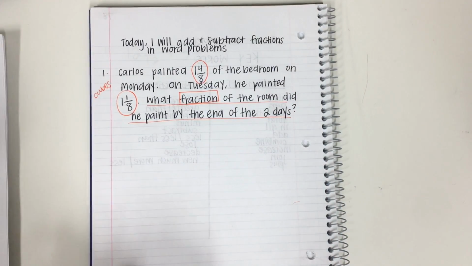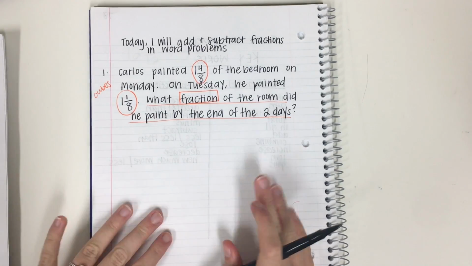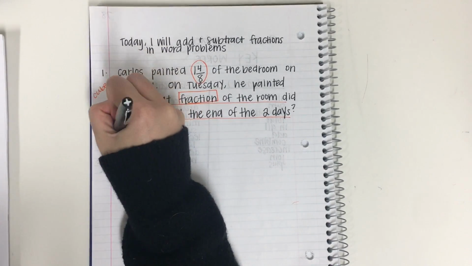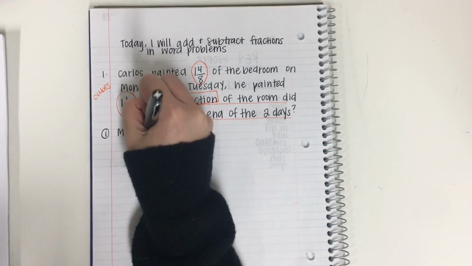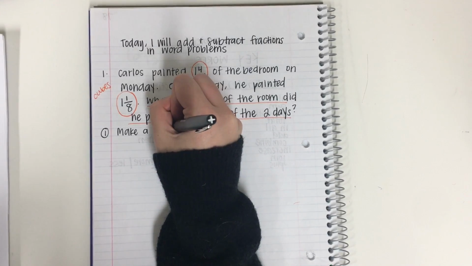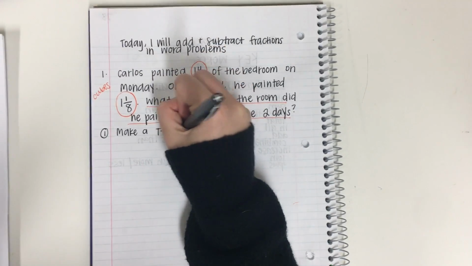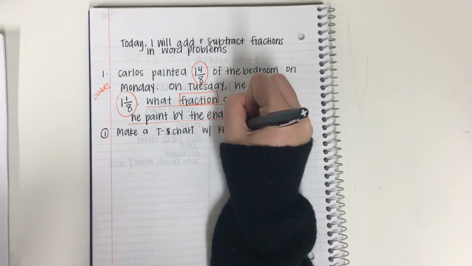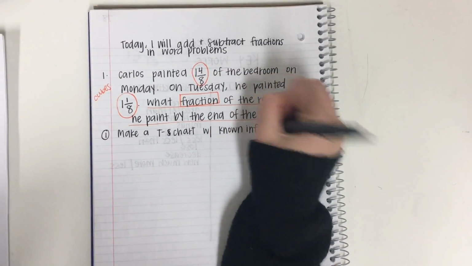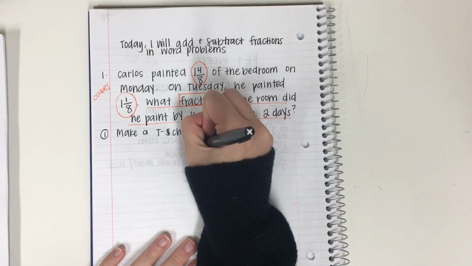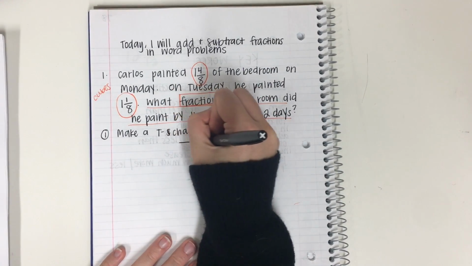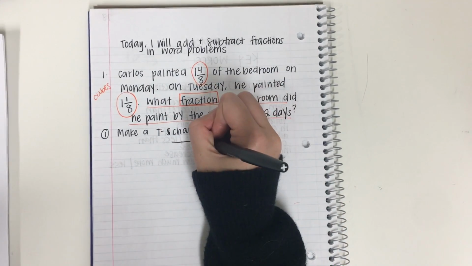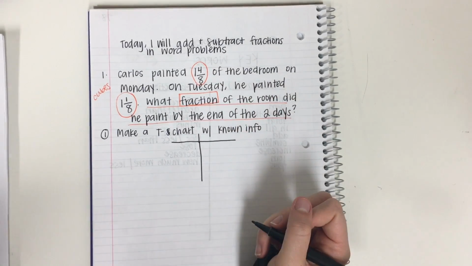Okay, so what we want to do with a word problem is make a T-chart. So the first thing we're going to do is make a T-chart with known info. So you want to put what you know. So remember, a T-chart is just what it sounds like. T-chart. Okay. So here's what we know.